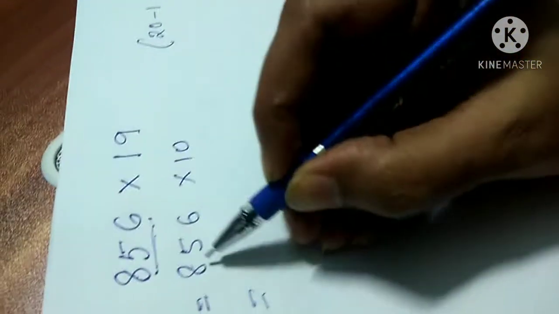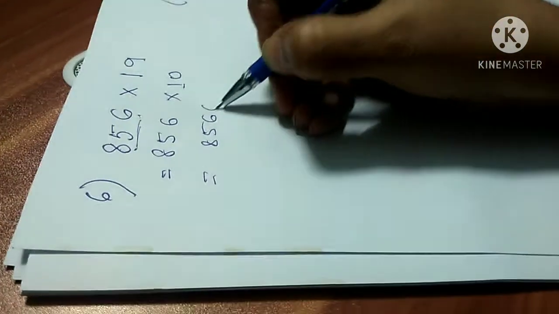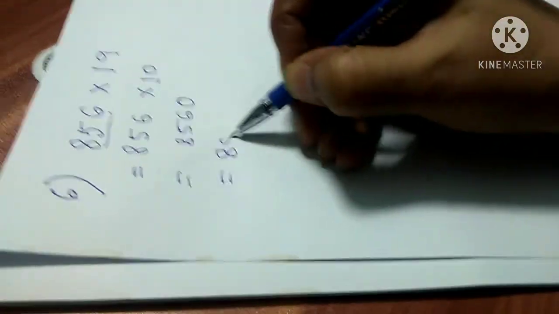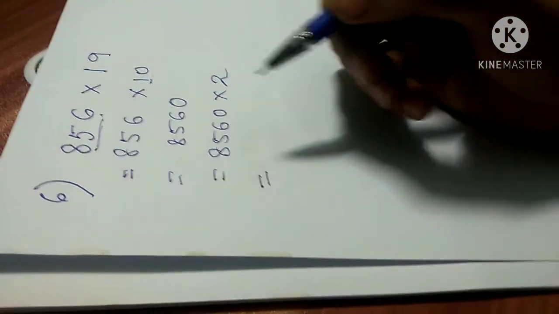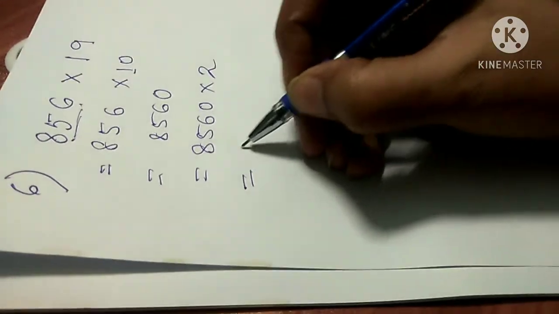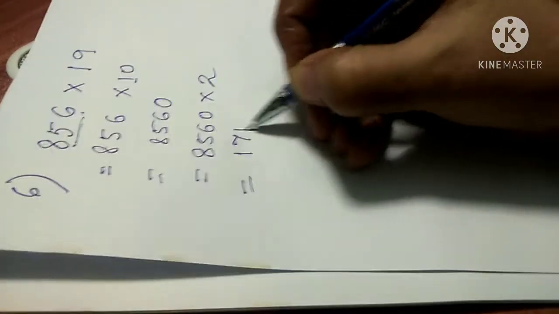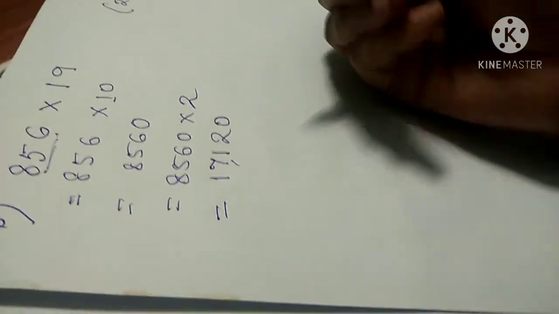So what do I get? 856 multiplied by 1 gives us 856, and this 0 comes down. And now I'll multiply this product by 2, because our motive is to multiply by 20. So 8560 multiplied by 2 gives us 17120. Right? Now what should be my next step?